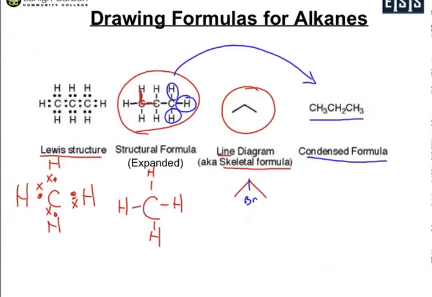So if you look here for this propane, the first carbon has 3 hydrogens with it. The second carbon has 2 hydrogens, and then the last one has the 3. And so you can write it this way, and it saves you from going up and down. It's a lot easier, particularly if you're typing in a paper, to draw it this way.